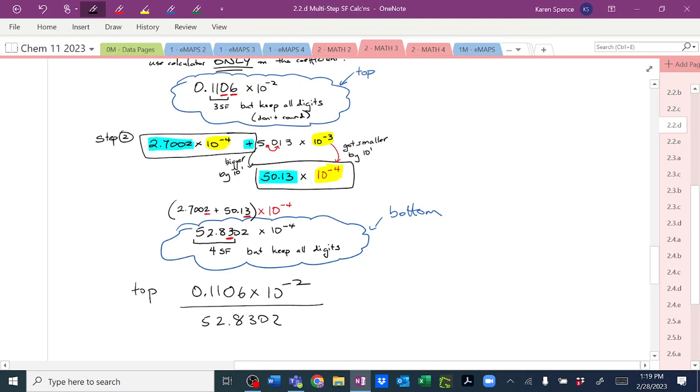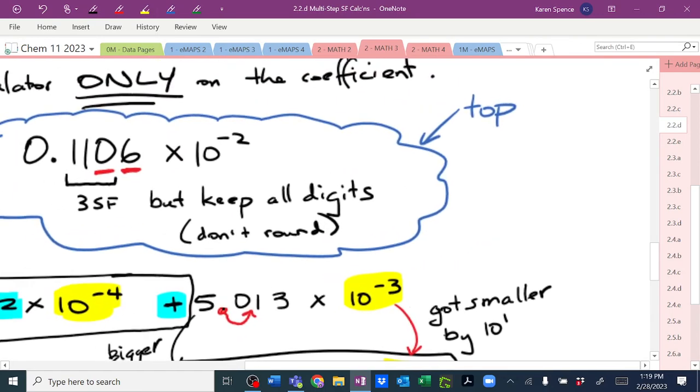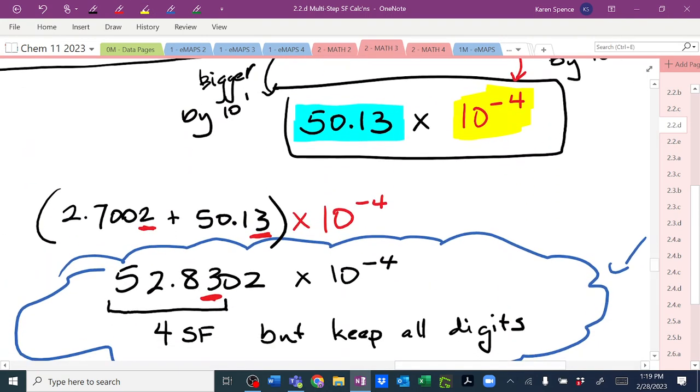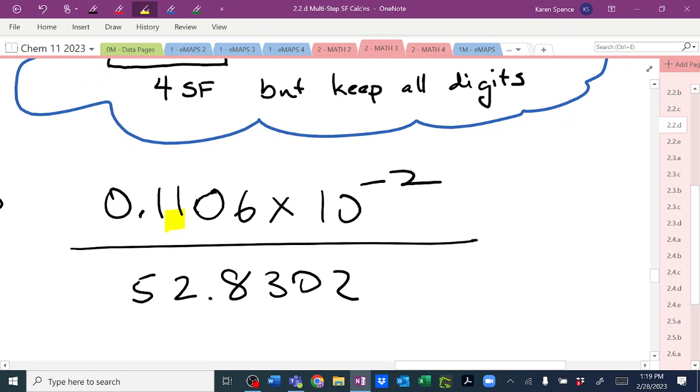But I'm going to keep track because now I'm dividing. I need to know how many sig figs there are. Up here, we have 3 sig figs, 0.110. So down here, we have 3 sig figs. Yes? Oh, yes, I would.